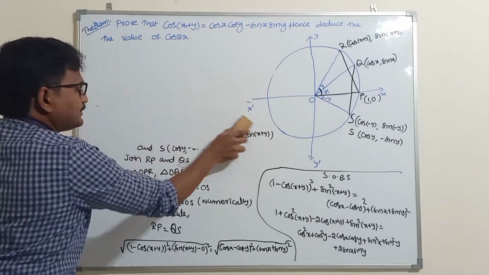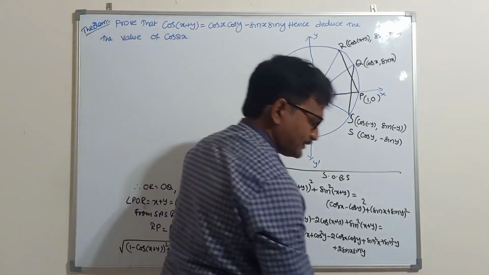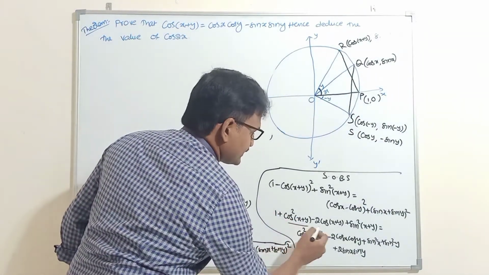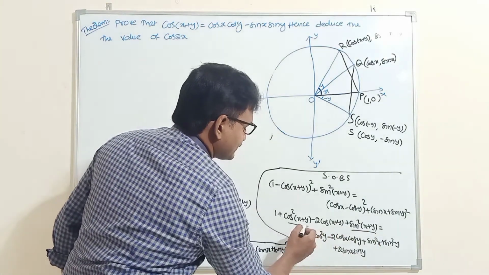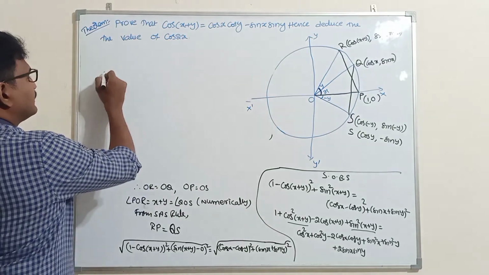Next, if you observe the LHS, you have cos square (x plus y) plus sin square (x plus y). You know that cos square (x plus y) plus sin square (x plus y) value is 1.